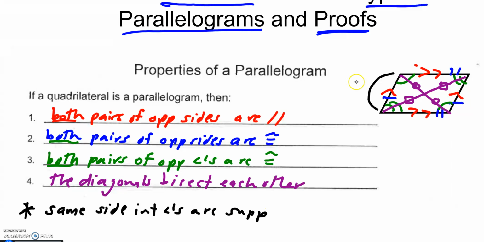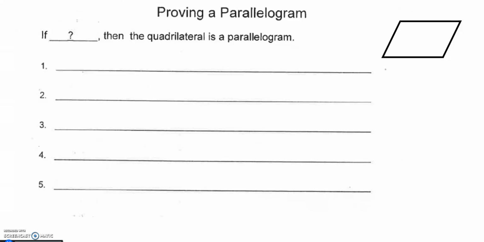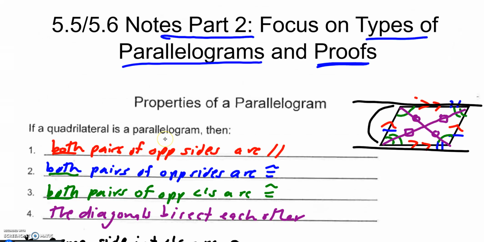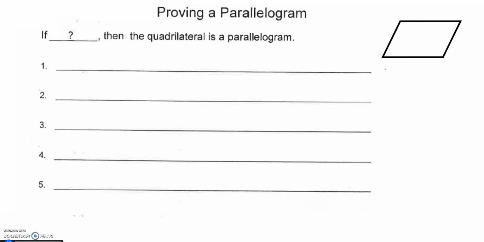And the reason you know that is because if you view these as the two parallel lines and this is your transversal, these must be same side interior. To talk about the converses then, this page we said if we're given a parallelogram, we know these things are true. But what we're going to be using a lot today in this video is the converse.